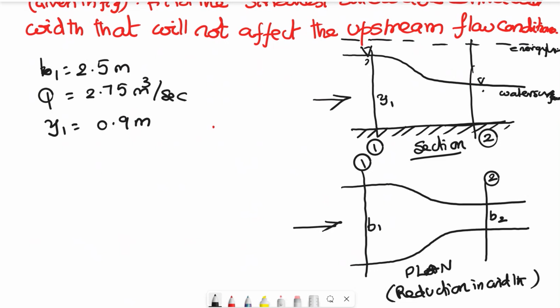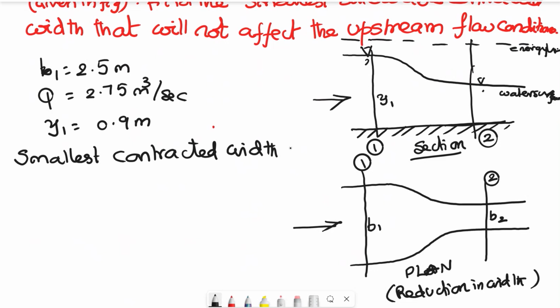So the smallest contracted width is at critical flow. This you should know.